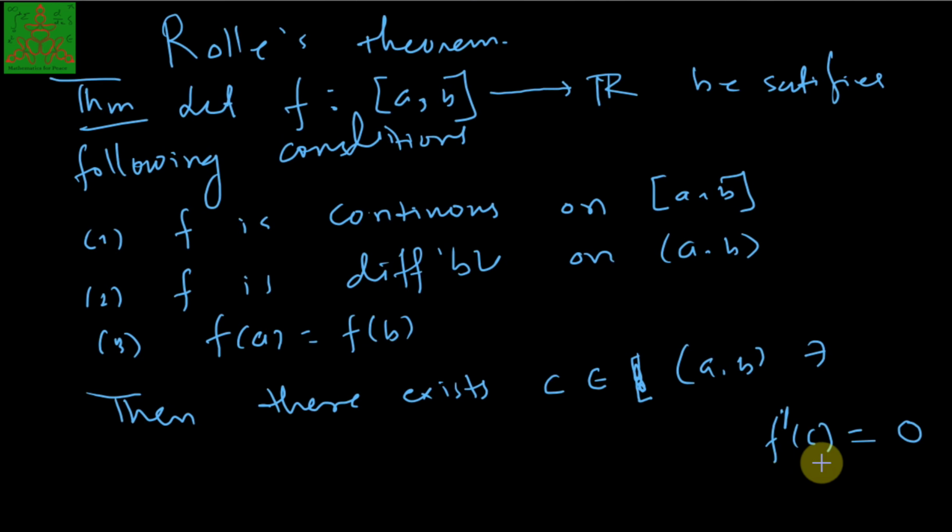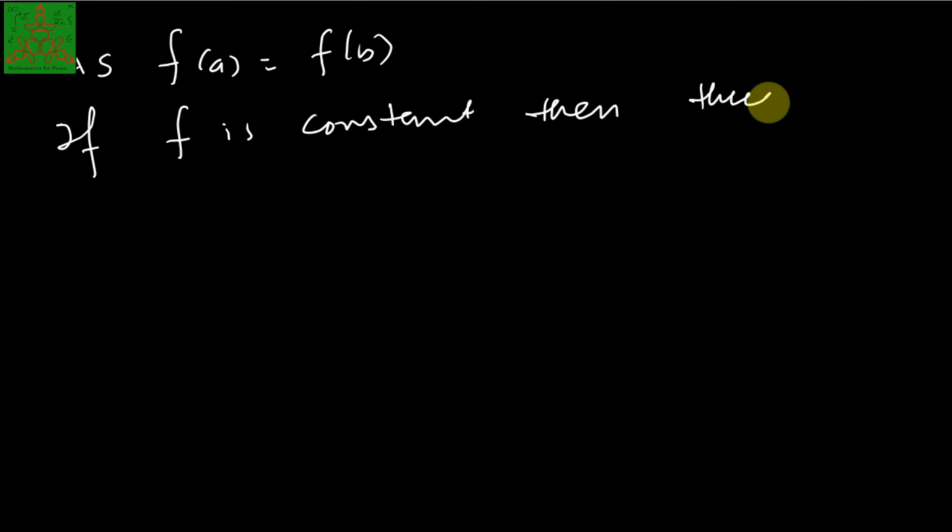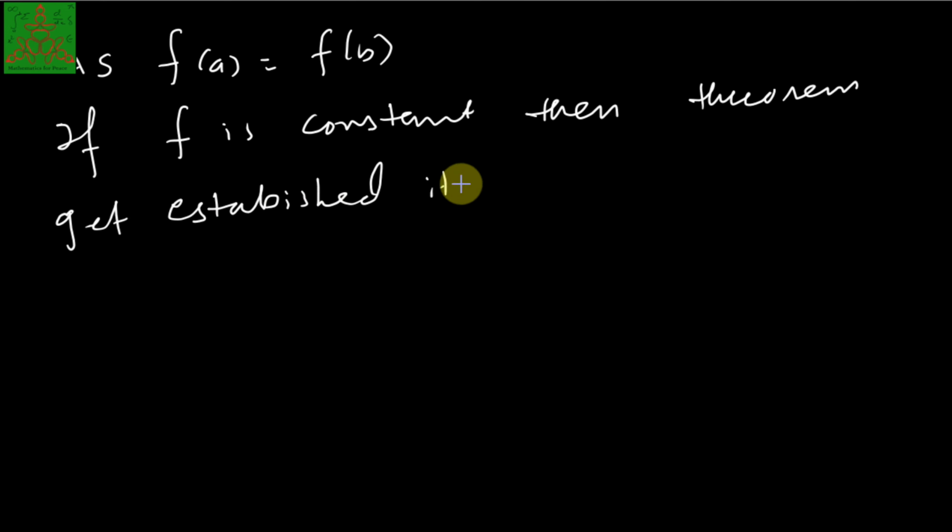So all those points where the function is constant will have this. So we can say that if f is constant, then the theorem is established by itself, or I can say the theorem is proved automatically.